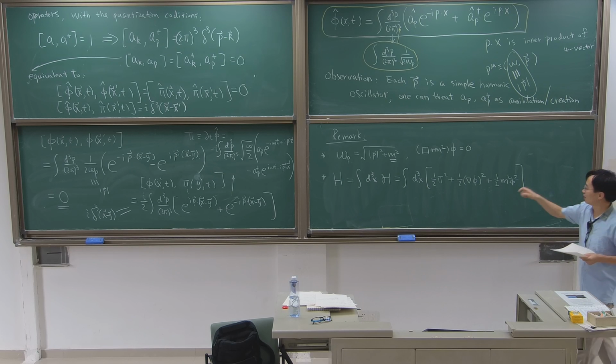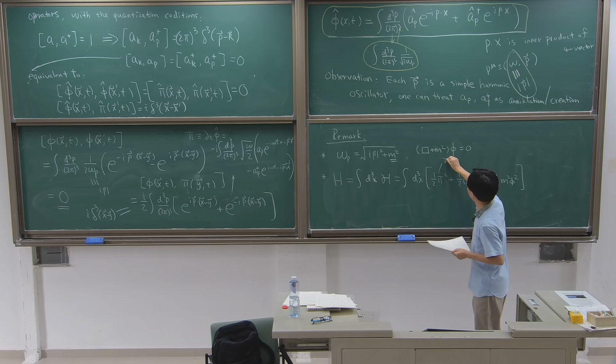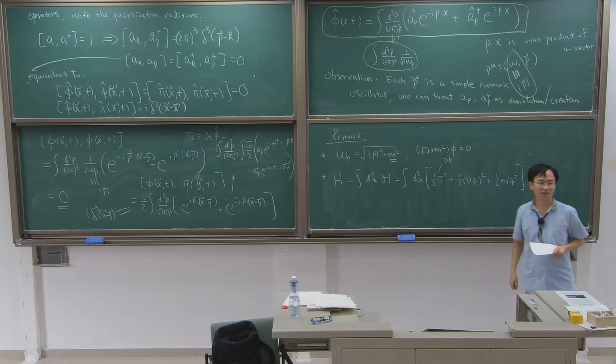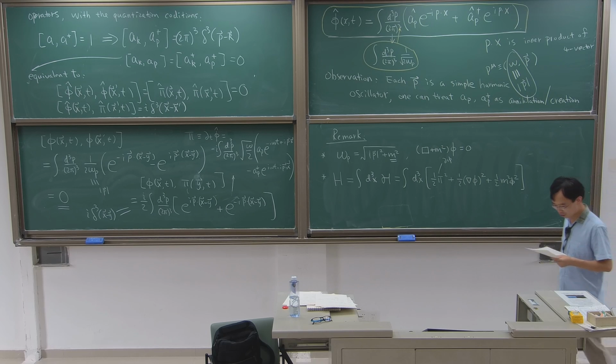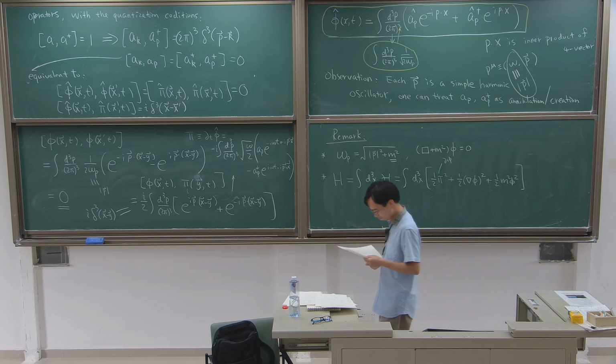Okay. Again, pi is partial t phi. Keep in mind, pi is partial t phi. But as said, in the Hamiltonian formalism, we treat pi and phi as independent variables for this curly H. H is a function of pi and phi.